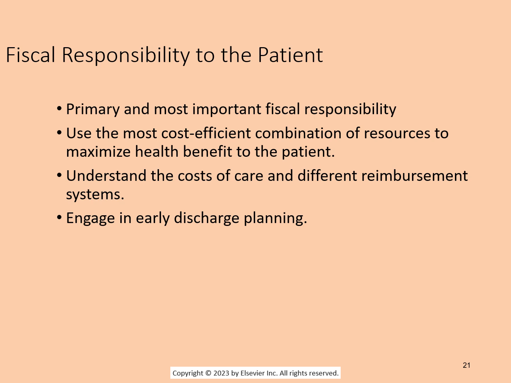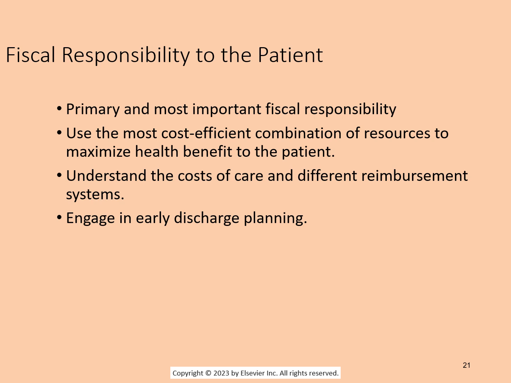So again, we provide the care in the most efficient way possible, combining our resources to maximize the benefit to the patient. So we have to understand the cost, and we also need to understand the different reimbursement systems. Going back, we get the patient in, get them better, get them out.